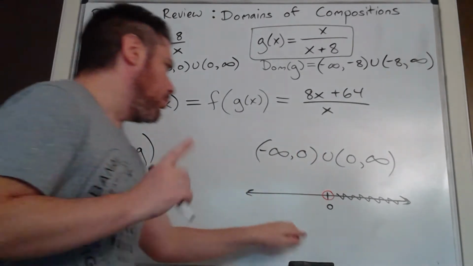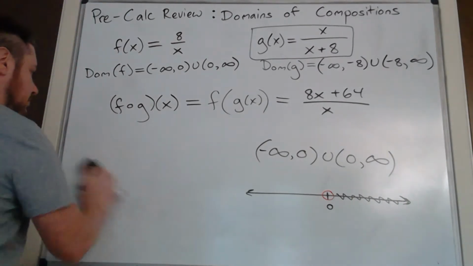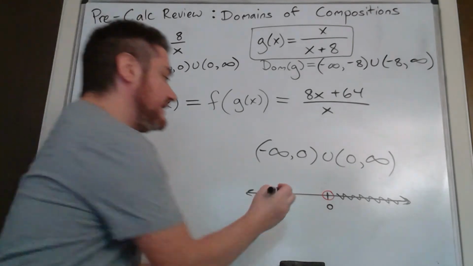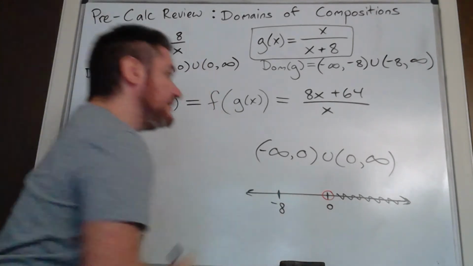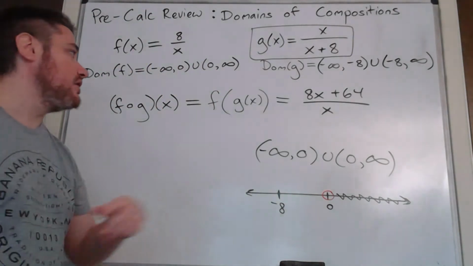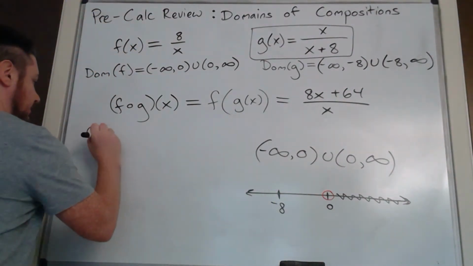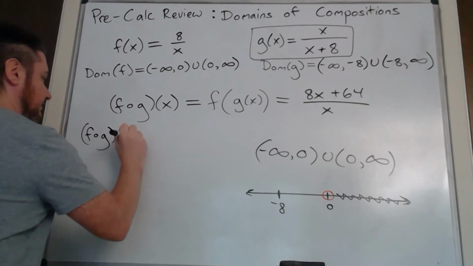The problem is, let me get rid of the domain notation, if this includes all numbers to the left of 0, then negative 8 lives in there. So what folks are tempted to do is say, can I do f composed with g of negative 8?